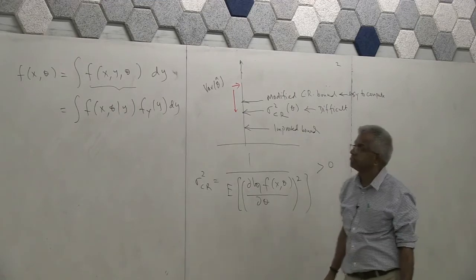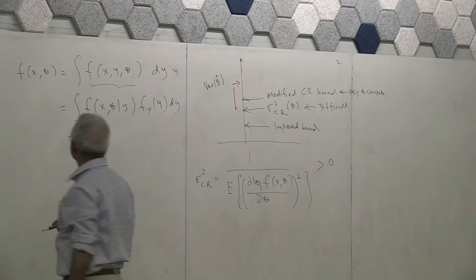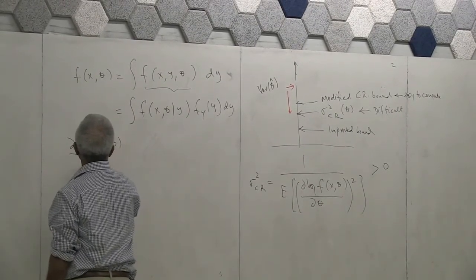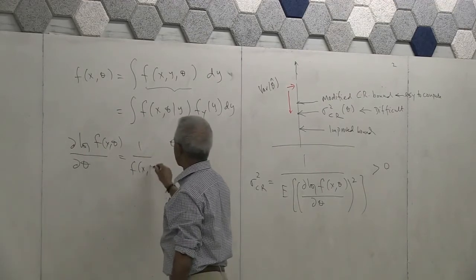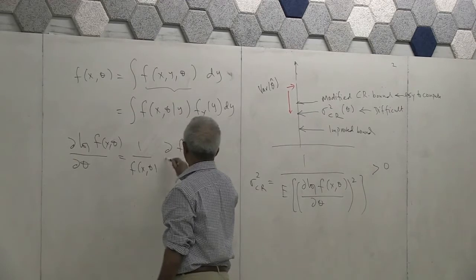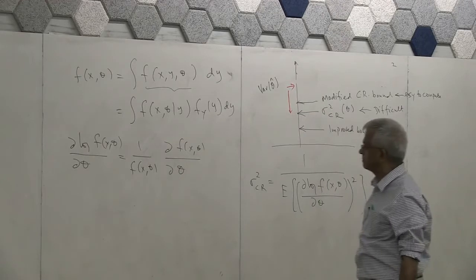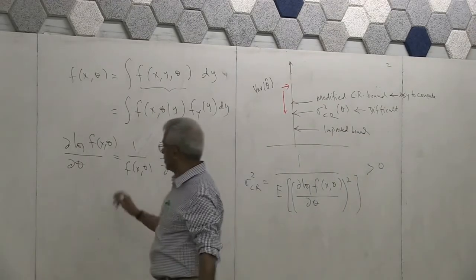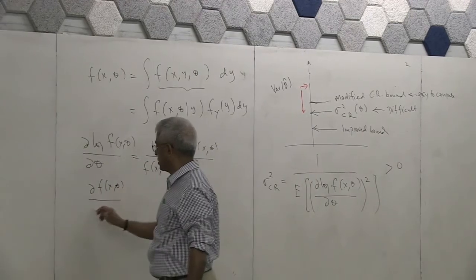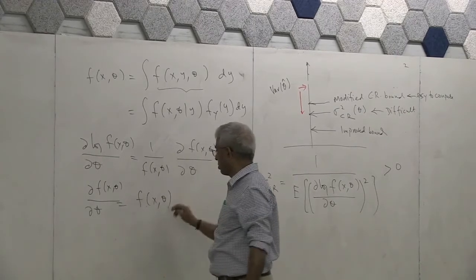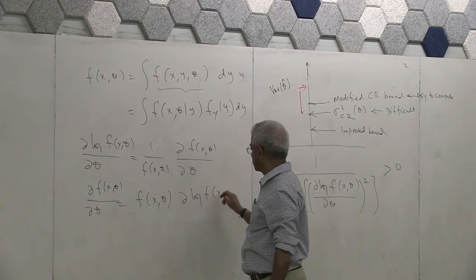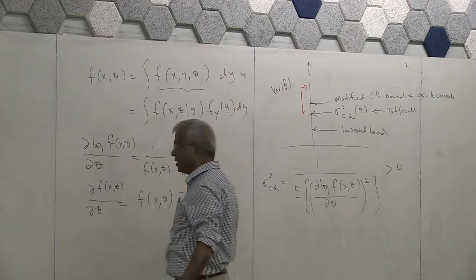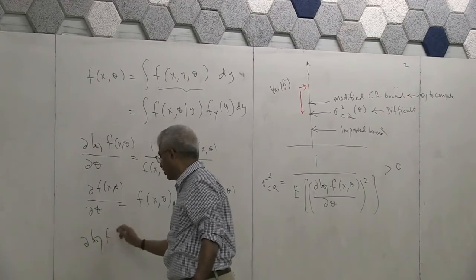The derivative of f of x comma theta with respect to theta is f of x comma theta times d log f of x comma theta d theta.